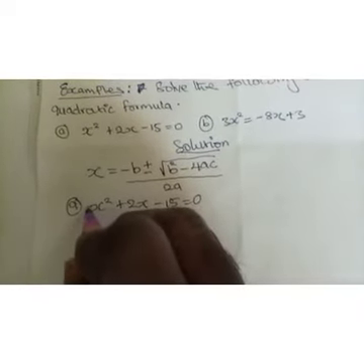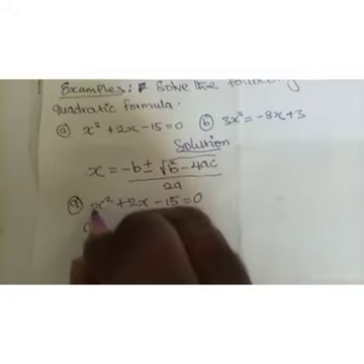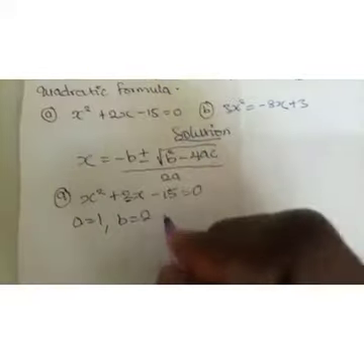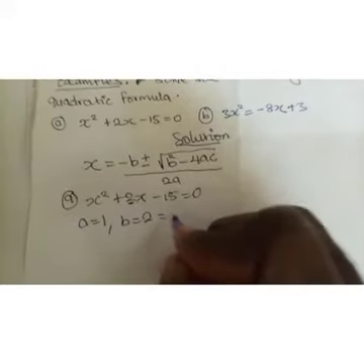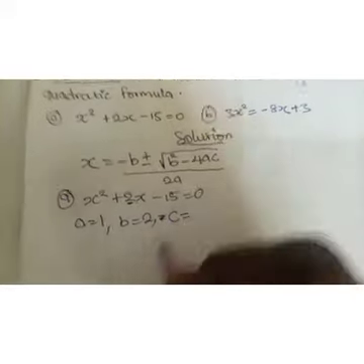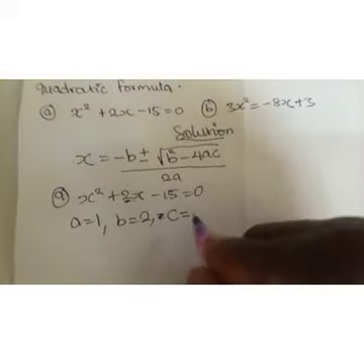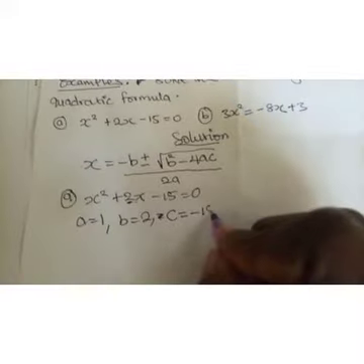Here our a is the coefficient of x squared, which is 1. Our b is 2, the coefficient of x, and our c is equal to the constant, which is negative 15.